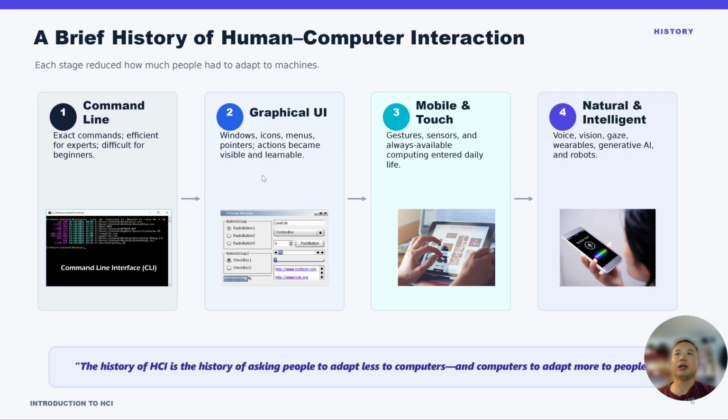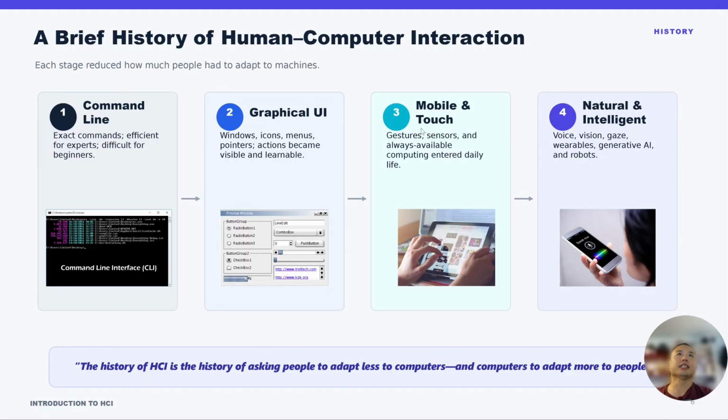Actions become visible and learnable because people can see directly what they are going to act on: the buttons, the slide bars, the web pages, and people can directly click on the menu elements. Although they're using a mouse, and like I mentioned before, the mouse and screen are not on the same platform, still, if you're used to that, people will be very efficient interacting with these elements.